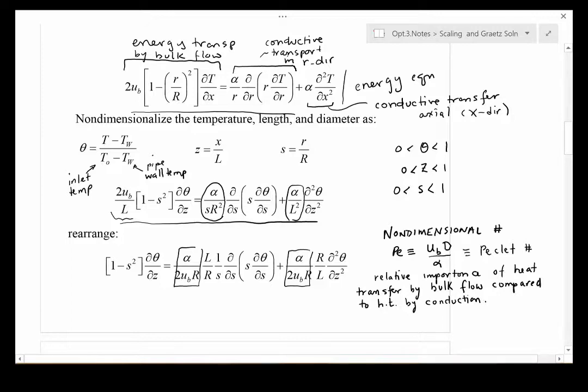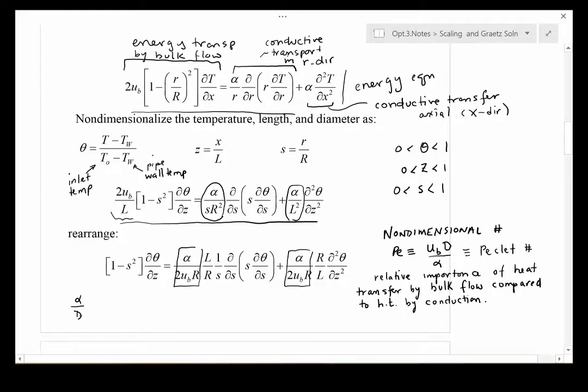So alpha represents, it's really this alpha over D. And so alpha over D represents, in a really weird way, some sort of velocity associated with thermal diffusion as compared to U, which is the physical velocity. So just let me point out how that might make sense.